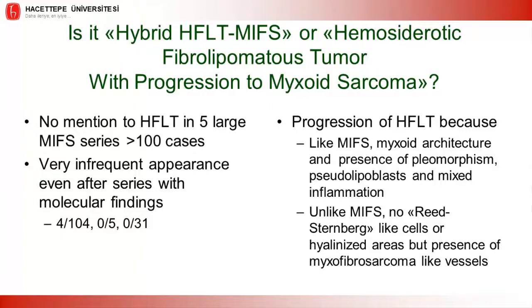So it could be a progression of HFLT because, like myxoinflammatory fibroblastic sarcoma, myxoid architecture and presence of pleomorphism and pseudolipoblasts are present, but unlike the myxoinflammatory fibroblastic sarcoma, there are no Reed-Sternberg-like cells, which are very diagnostic for MIFS, but not seen in our hybrid cases. So we are unable to call it a hybrid MIFS component, but we have myxofibrosarcoma-like vessels.